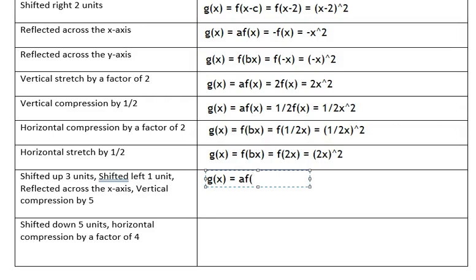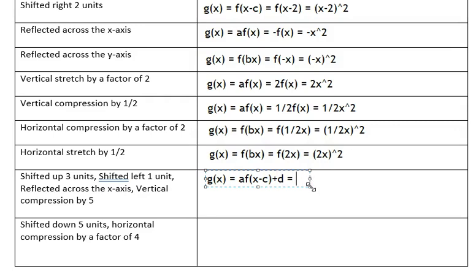It doesn't say anything about a horizontal scaling, so we won't keep b, but we do have a horizontal shift, so we have to have our transformation in there for the horizontal shift, and we have a vertical shift. So this is the equation that we're going to use for our transformation. We're going to have a vertical scaling, a horizontal shift, and a vertical shift in our equation.